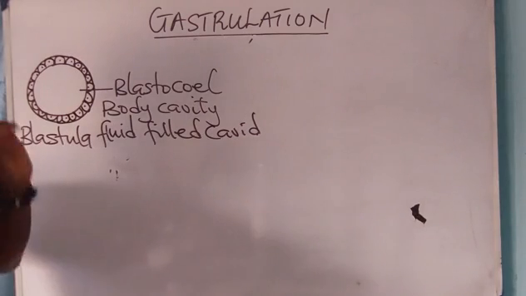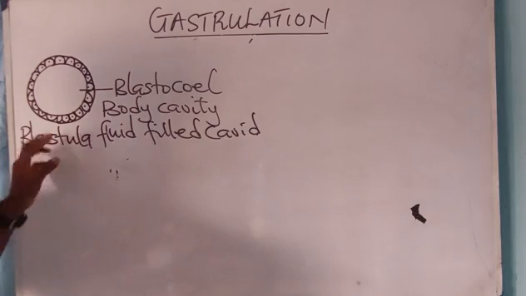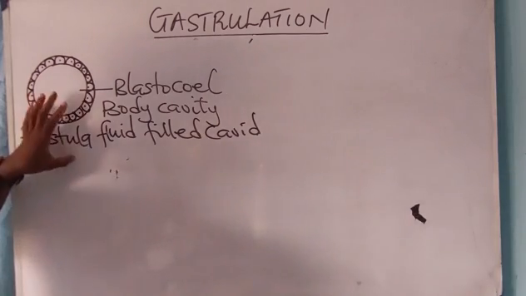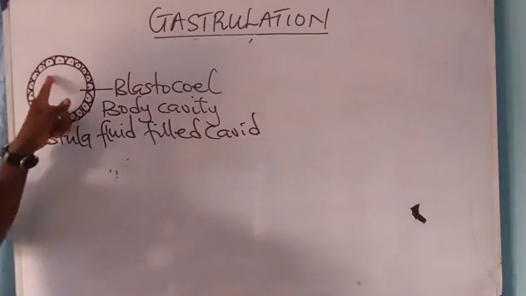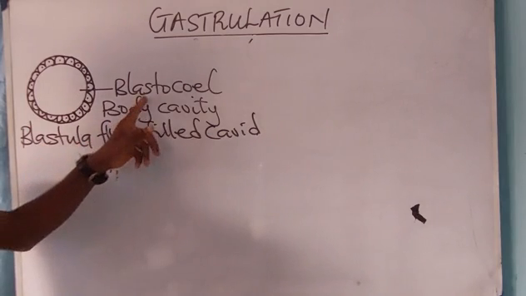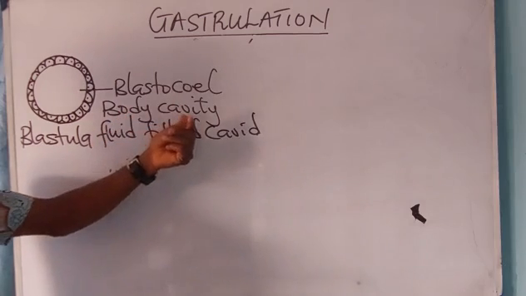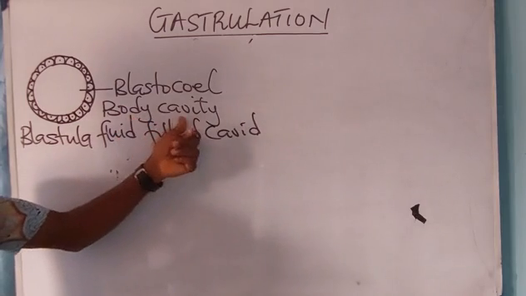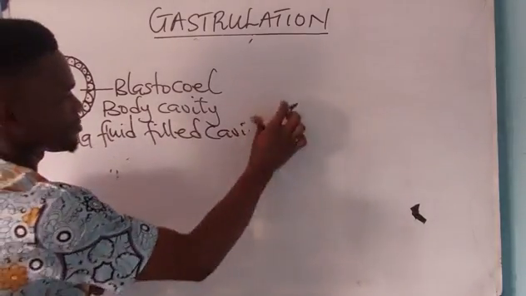At first, we said that gastrulation involves the process whereby a single layered blastula is converted into what? Multi-layered blastula. At this point, nothing has occurred, it's just there. Now the inner part of this blastula is the blastocoel, which is called a body cavity. You therefore say it is a fluid-filled body cavity.